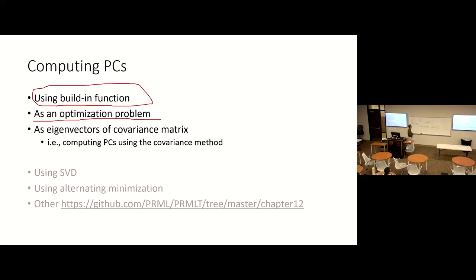So the optimization in our case will be a trial and error method. You randomly pick one vector and project your data onto it, to see whether the variation increases or decreases. If it increases, you keep that, then try a little bit more and make it increase again until you find the largest variation.